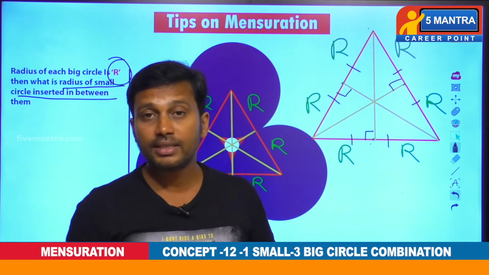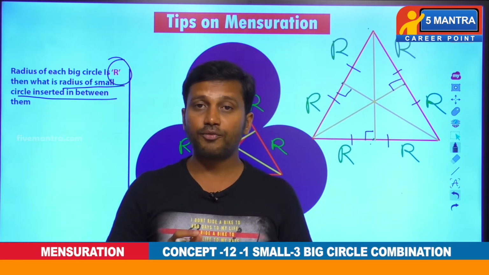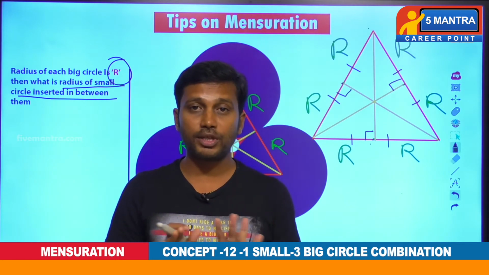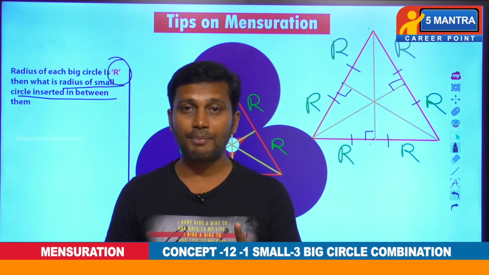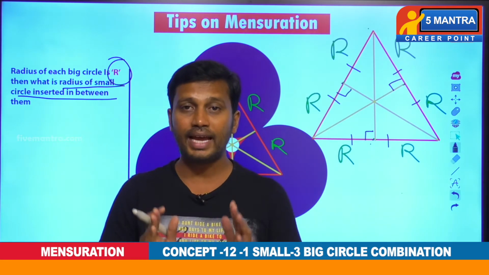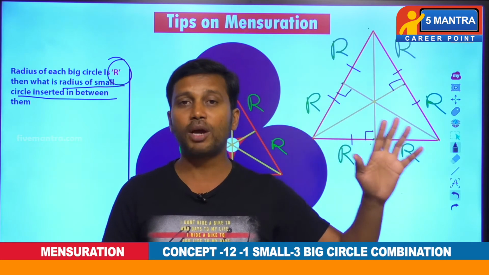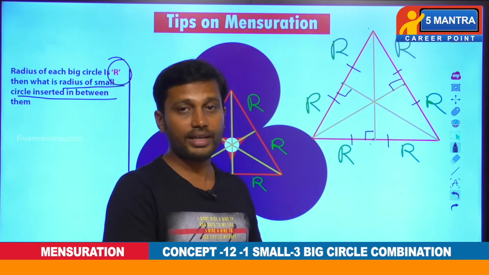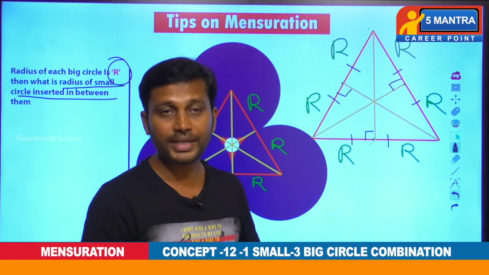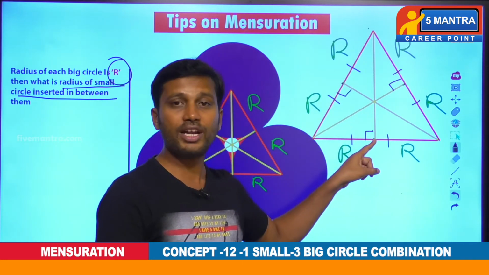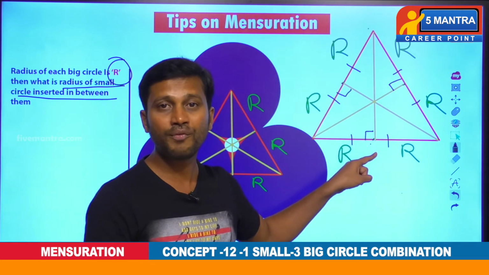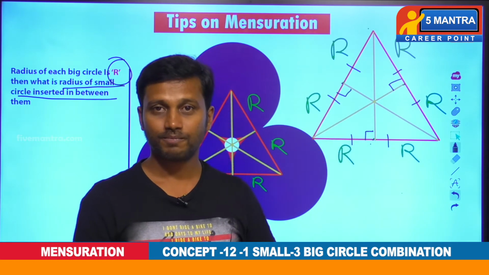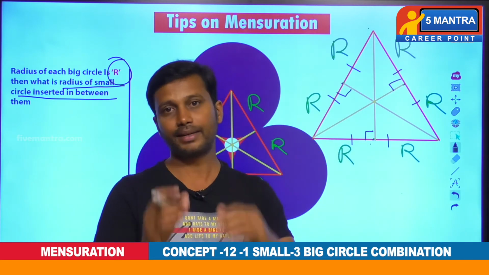I am telling you, in other types of triangle, like scalene or isosceles, the median won't be perpendicular to the side. It only happens in an equilateral triangle. Why it happens, I'll explain in detail in the geometry topic. But here let us use that property: each median of an equilateral triangle is perpendicular to its side.